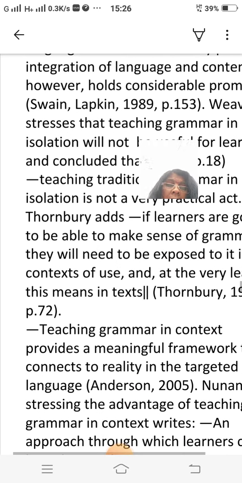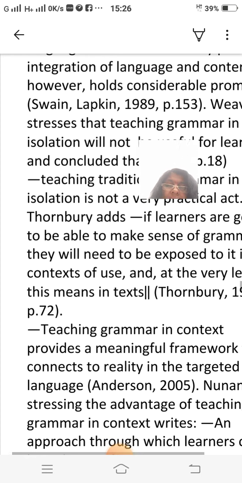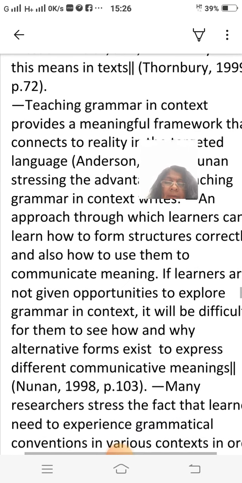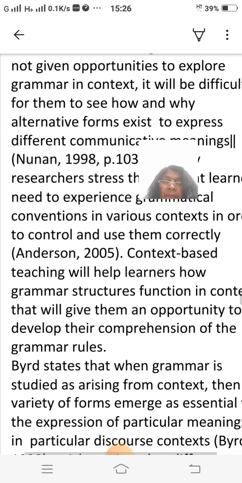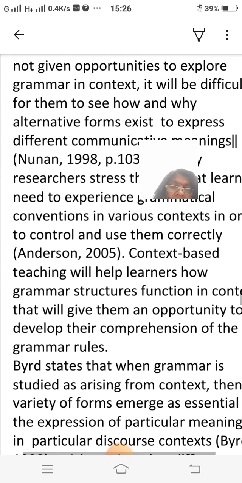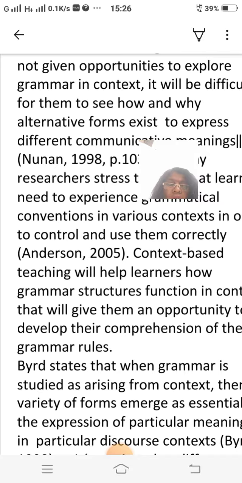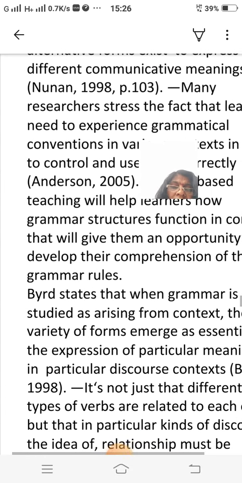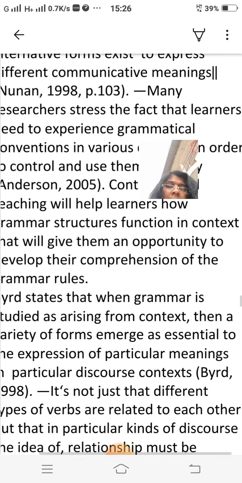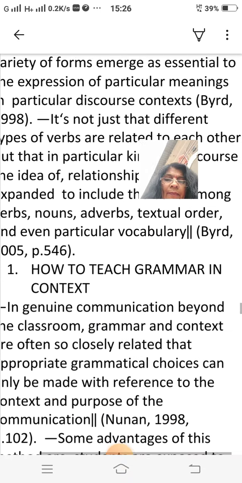Now, teaching grammar in context provides a meaningful framework connected to reality in the targeted language. Byard states that when grammar is studied as arising from context, then a variety of forms emerge as essential to the expression of particular meanings.